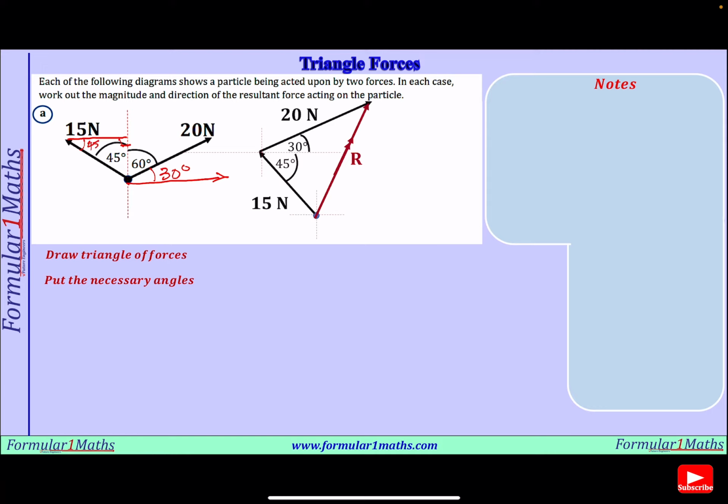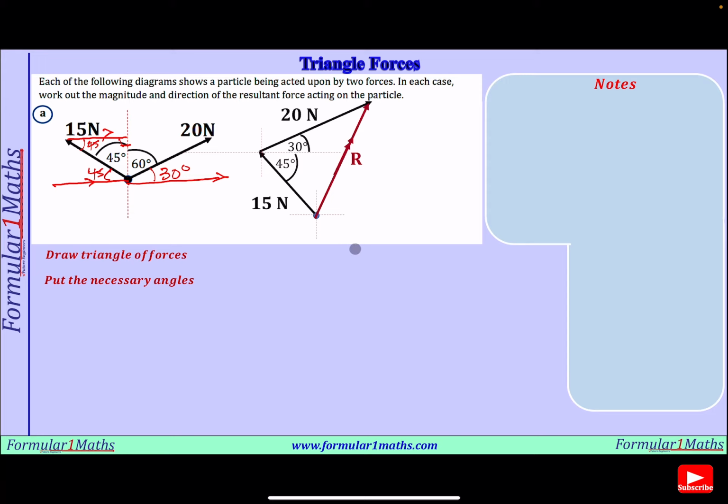We could have also drawn a line here, and because this one here and this are parallel, this angle here is 45 because this and that are alternate angles. We can conclude that this is 45. So that's why this is 45.